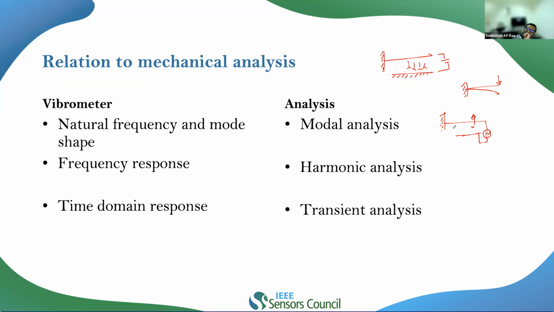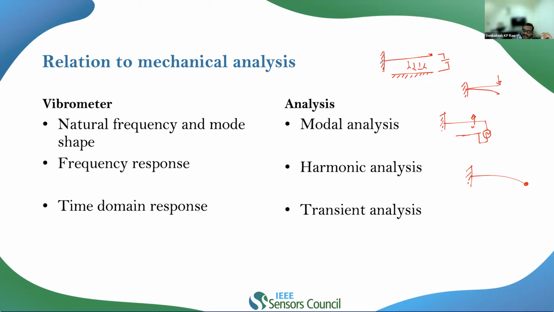Once it starts to vibrate about the equilibrium position, I want to measure the vibrations of the cantilever. For measuring the vibrations, I make use of the laser Doppler vibrometer. We know that when the cantilever undergoes vibration, we get maximum displacement at this point and zero displacement at this point, right?